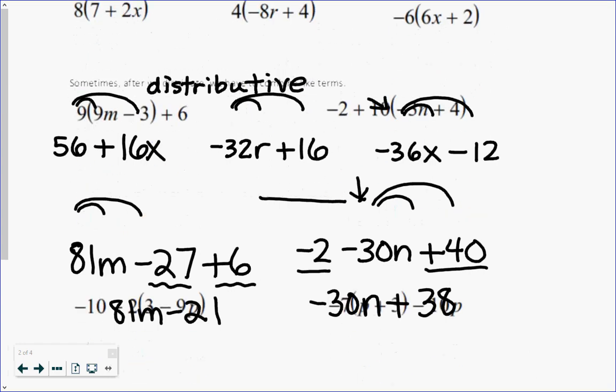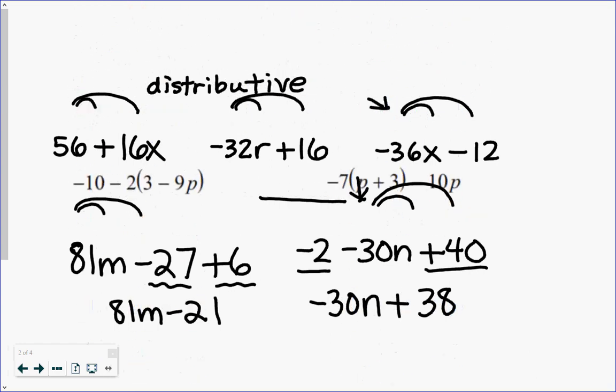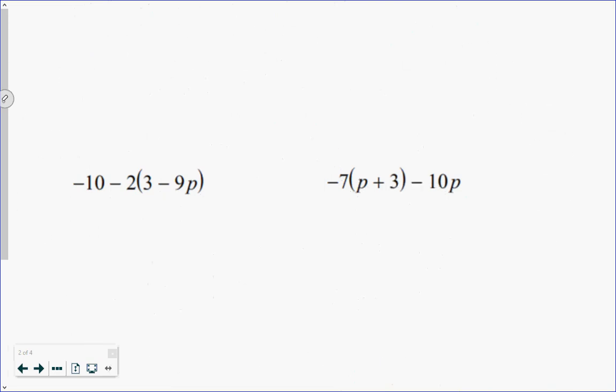I'll pull these next two up that you have on your page. This third one is kind of hard because we're distributing a negative 2. If you look here, this negative 2 has to be distributed to both terms. So we have to multiply through by a negative 2.